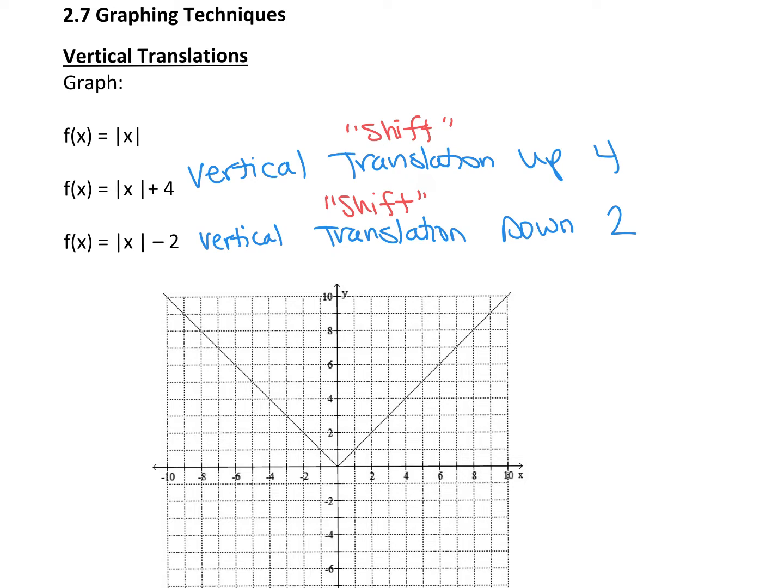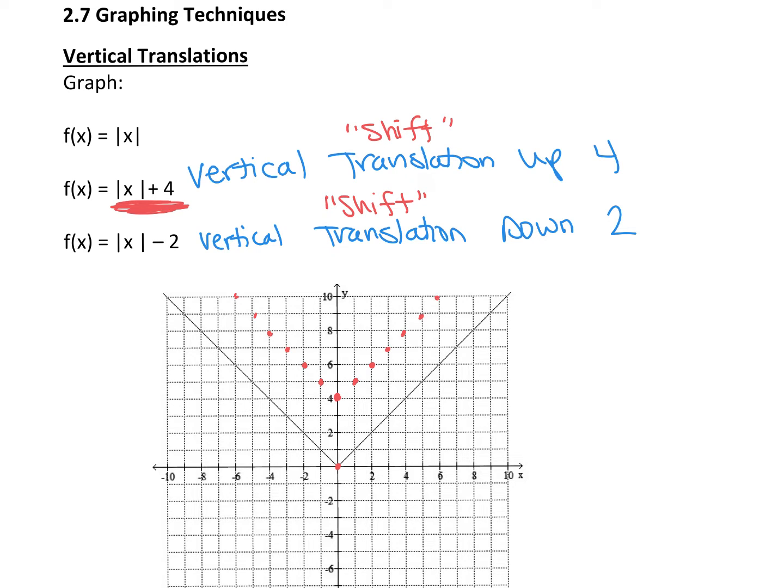So if you can imagine our graph, if I'm going to create a new graph of the absolute value of x plus 4, all I have to do is take my original graph and move those ordered pairs up 4. So this whole graph, I would just redraw, literally moving it up 4.